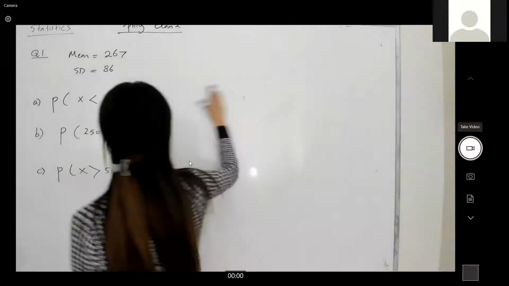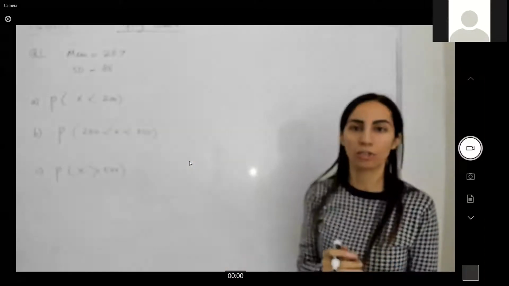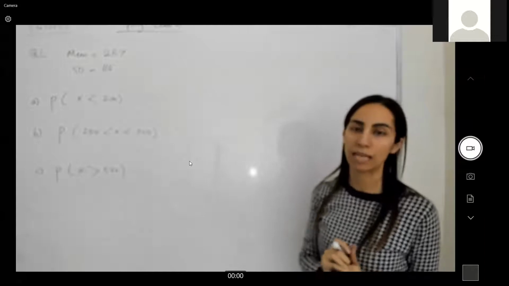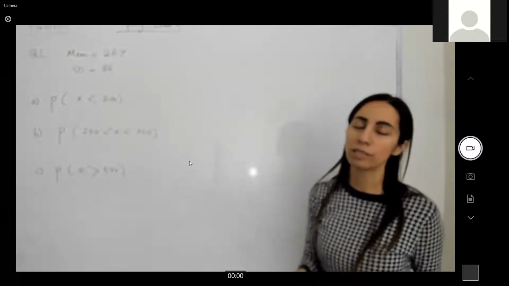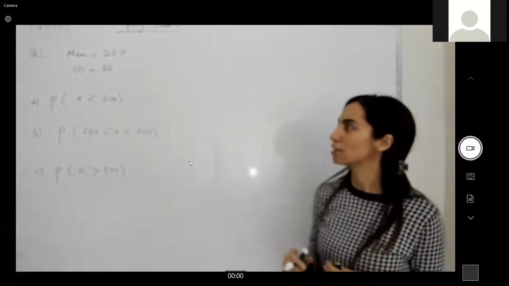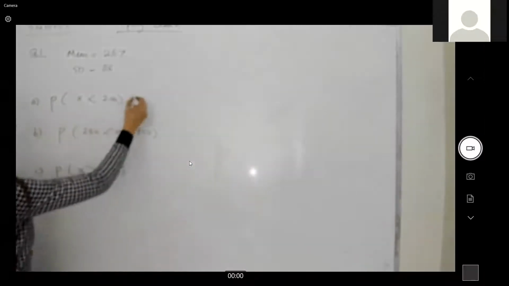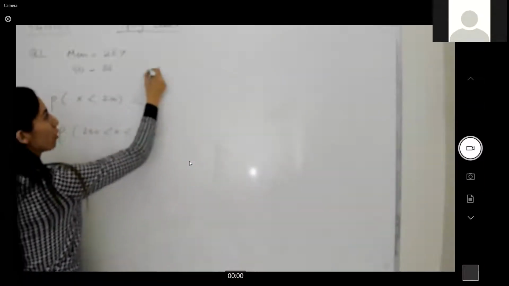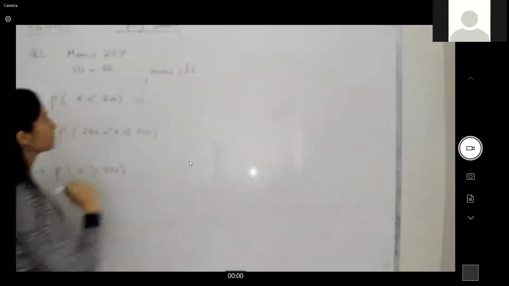Okay, it says the probability that X is less than 200. We can directly use our calculator. We don't have to convert that into Z. But usually statisticians convert these numbers into Z values to keep the privacy of the data. We can use our normal CDF.